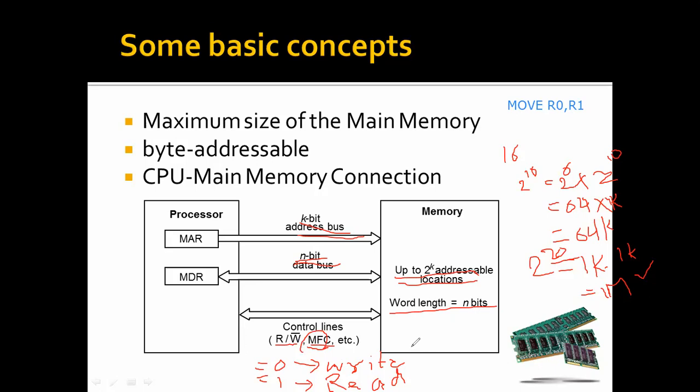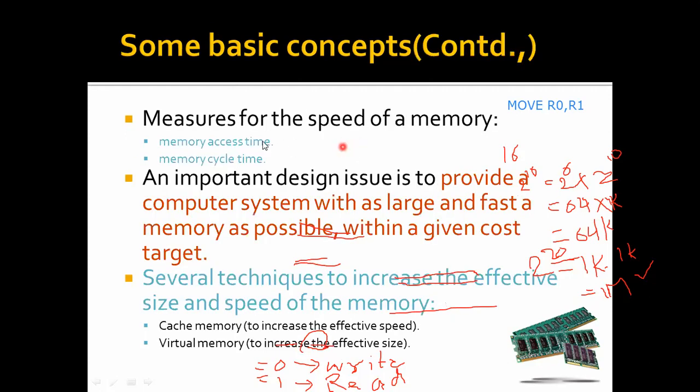So based on that, we know the total memory in the processor. Next, the measures for the speed of memory are memory access time and memory cycle time.